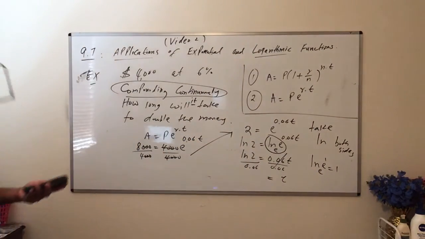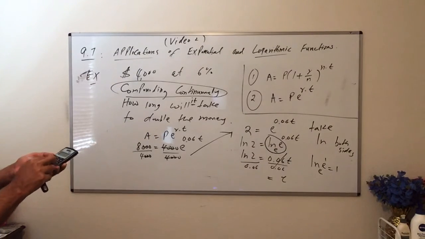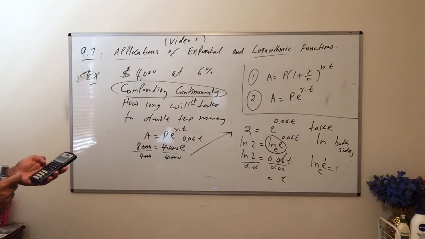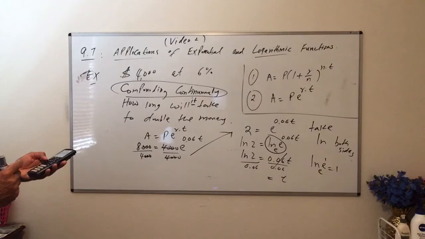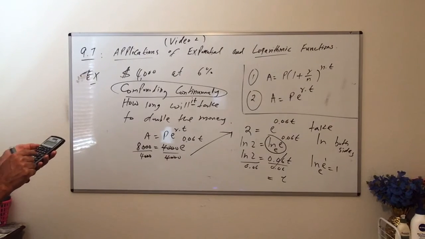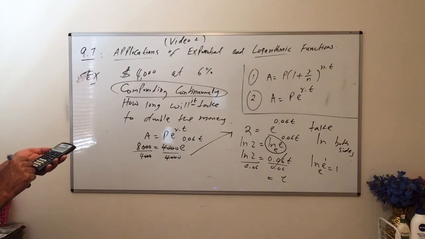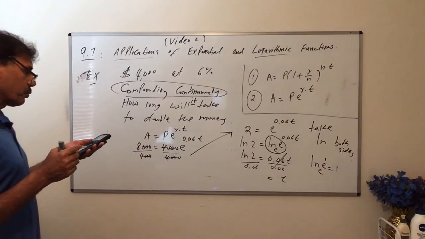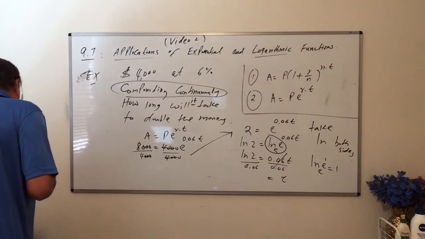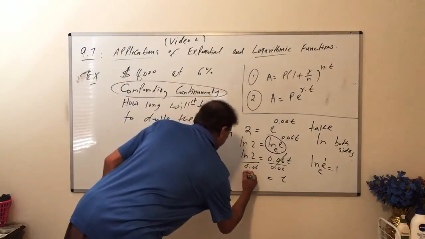ln of 2 divided by 0.06. So here you go. ln is just ln, no second. So ln of 2, close the parentheses, and divide that answer by 0.06. So this one is about 11.55 years.